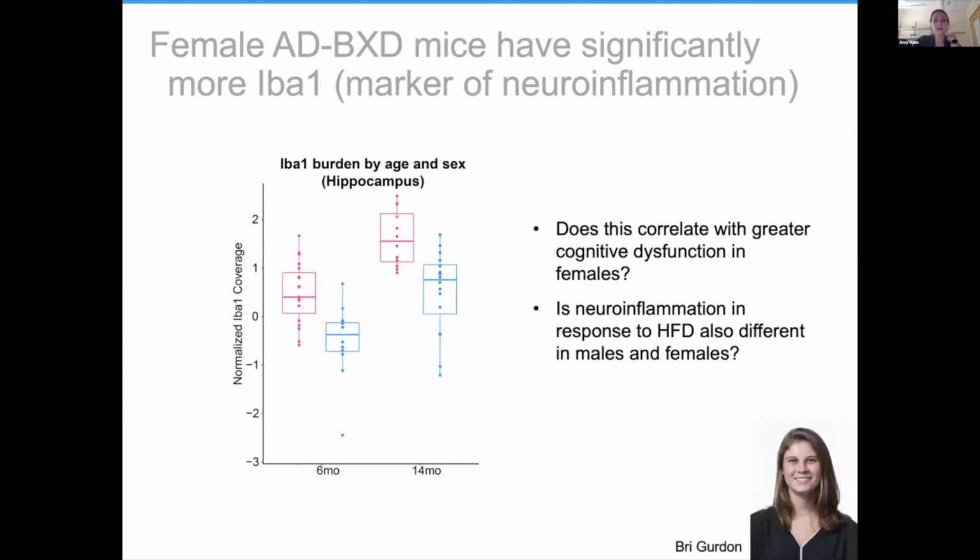And what she's found is that females have a much higher neuroinflammatory burden than males, which is something we'd really like to follow up on because high-fat diet itself can induce neuroinflammation. So I'm really interested to see if the neuroinflammatory response to high-fat diet is also different in males and females and across our panel.